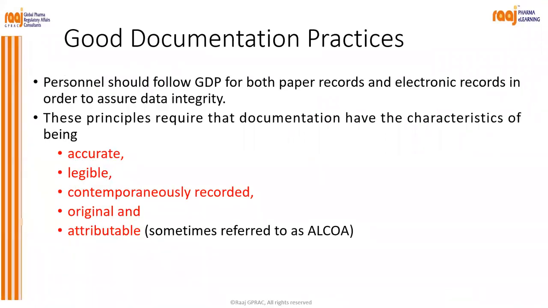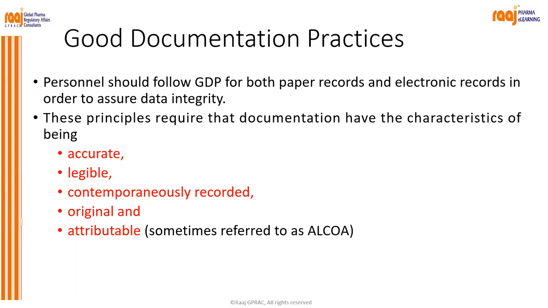So, as I was saying, ALCOA means what? A stands for accurate, L for legible, C for contemporaneously recorded, and O for original, and A for attributable. Personnel should follow GDP for both paper documents and electronic documents in order to ensure data integrity.